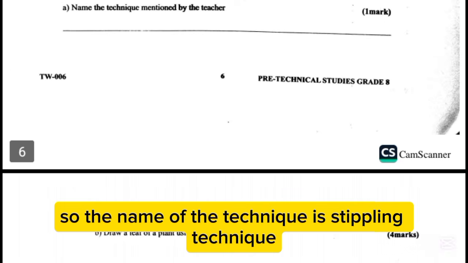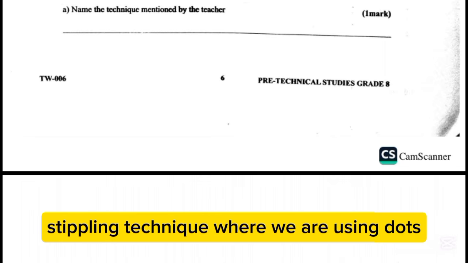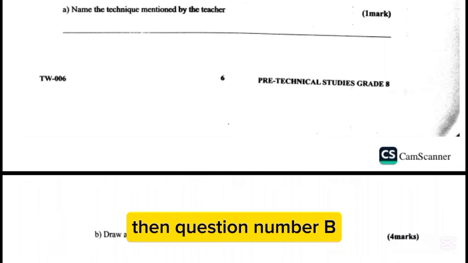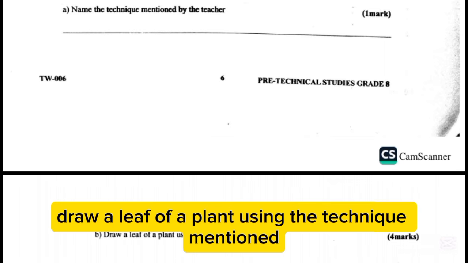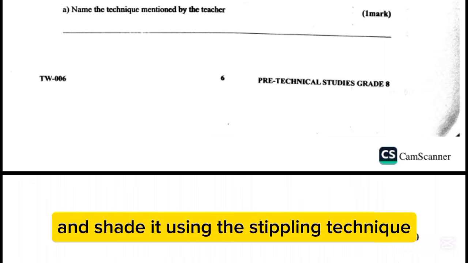The name of the technique is the stippling technique, where we are using dots. Then question number B: draw a leaf of a plant using the technique mentioned. So we are going to draw a leaf and shade it using the stippling technique, where we apply the dots.